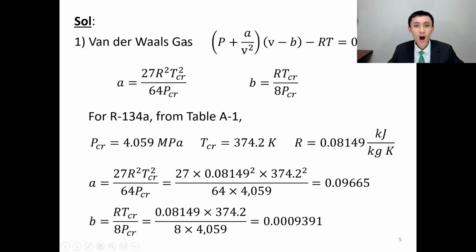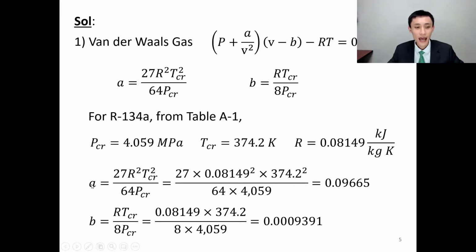For van der Waals gas law, this is the function. Now we're going to calculate the A and B values. If we go to the table that I just showed you, we can find the critical pressure, critical temperature, and the R value for R134A as the substance.